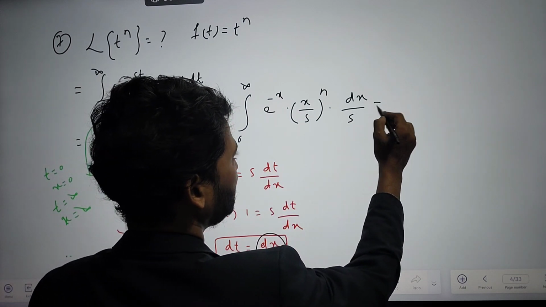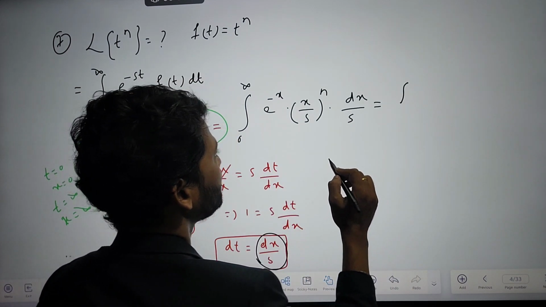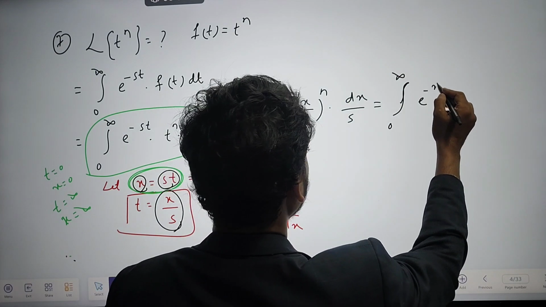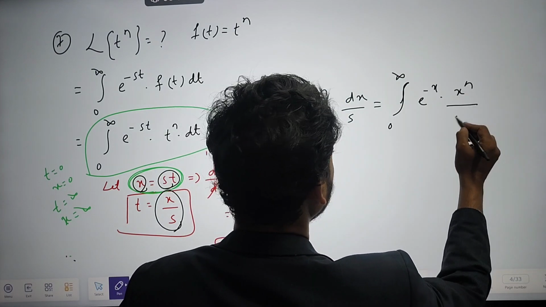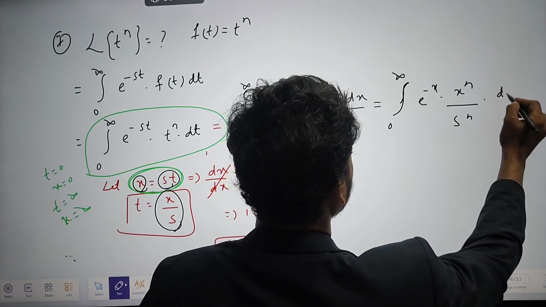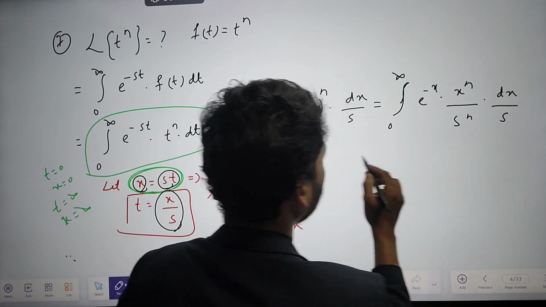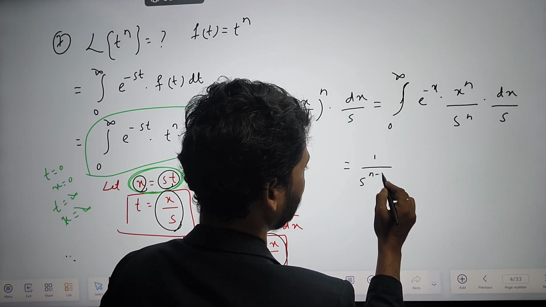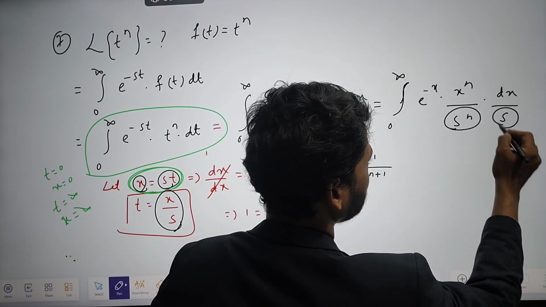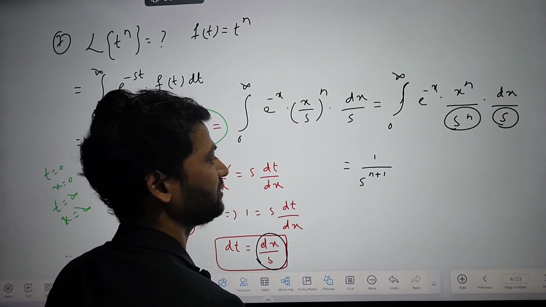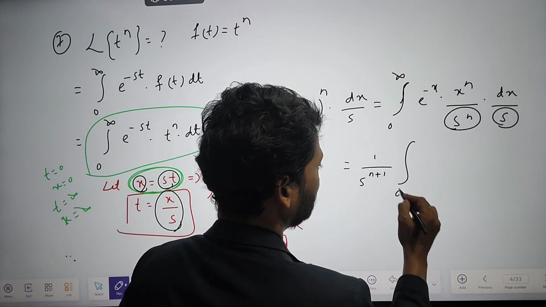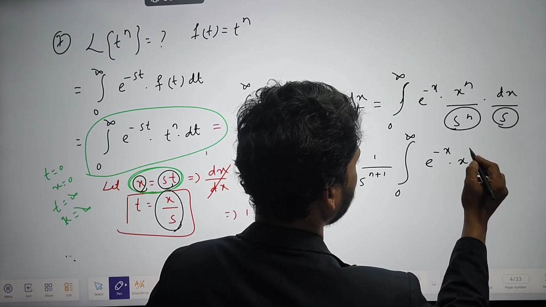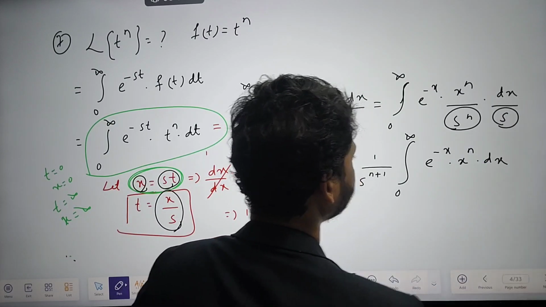So we can write in this way: integration from 0 to infinity, e to the power minus x, x to the power n by s to the power n, into dx by s. Here I can take common s to the power n plus 1, so that part comes outside. Then integration from 0 to infinity e to the power minus x into x to the power n into dx.